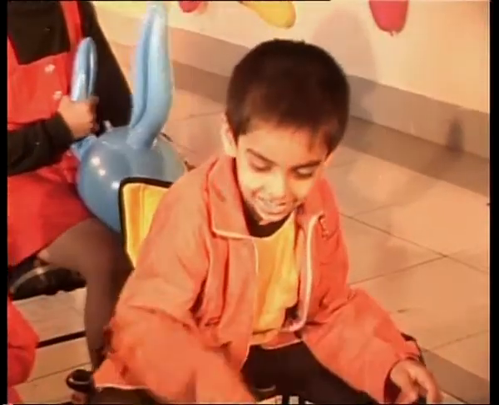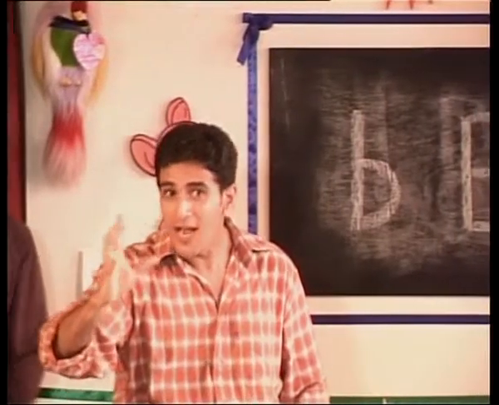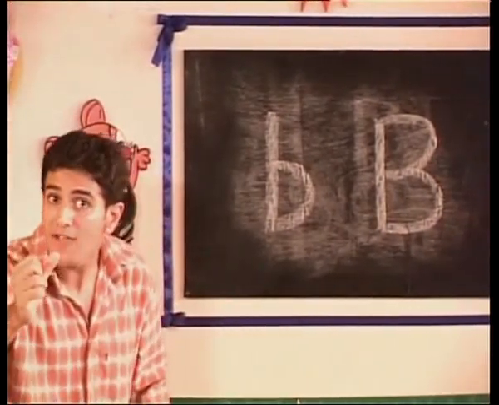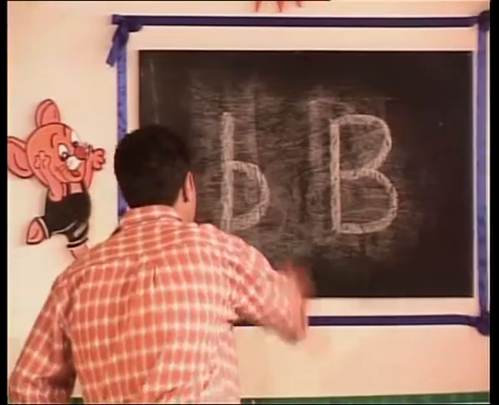Now it's time to see what comes after B. I will say it for you. A, B, C. Yes. After B comes a capital C. Now I will show you how to write a capital C. For a capital C, we will take a big half circle. I will repeat it again.